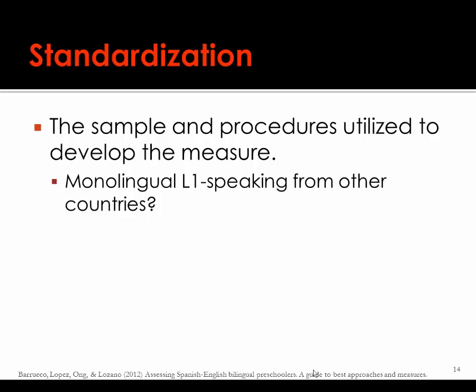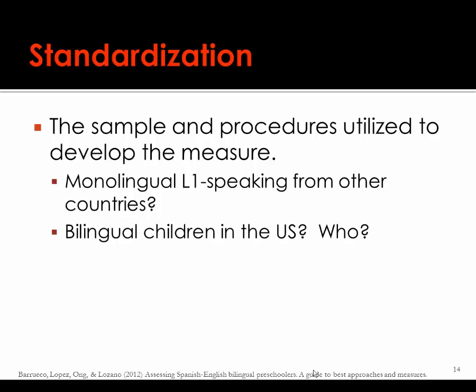So you may want to see, let's say, in a Spanish version of a test, is a standardization sample made out of monolingual Spanish speakers from another country? Those kids may not be comparable to the kids in the US. If they are children from the US, who are they? From where? We have talked about differences across Spanish dialects on the East Coast and the West Coast. We want to know that.